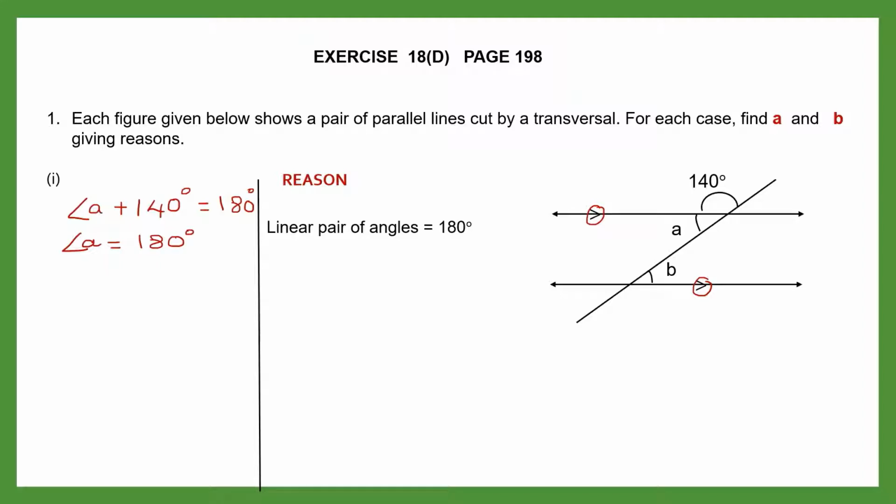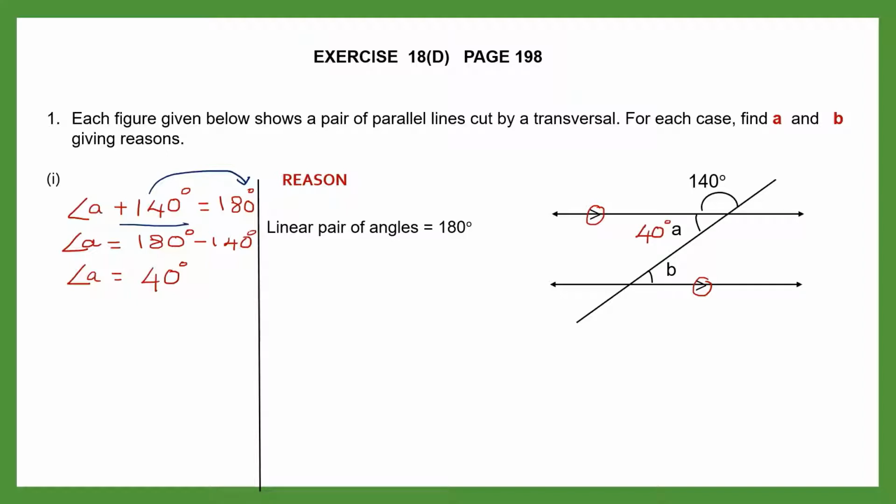Now I move my 140 degrees to the right hand side. It becomes minus 140 degrees. So angle A equals, how much is 180 minus 140? It is 40 degrees. So we found the value of A. Let me write it here, 40 degrees.